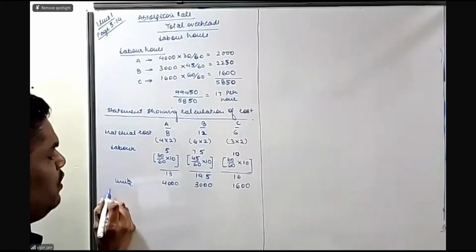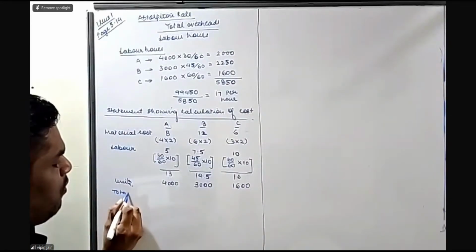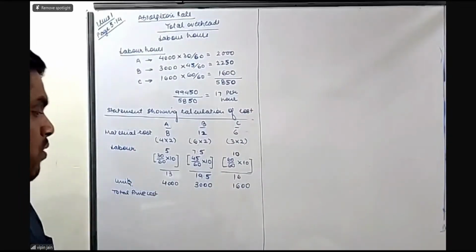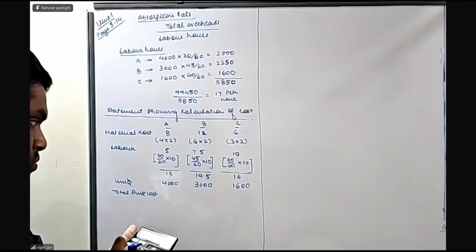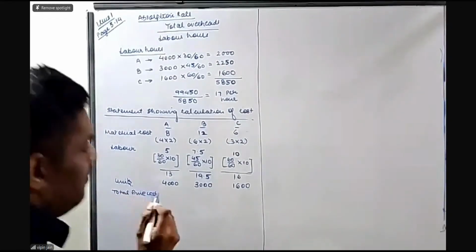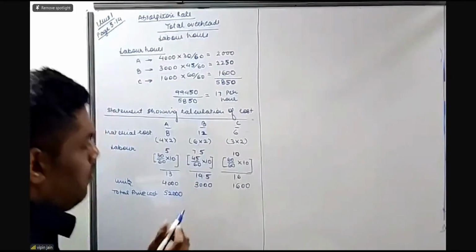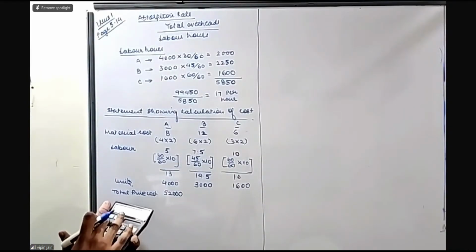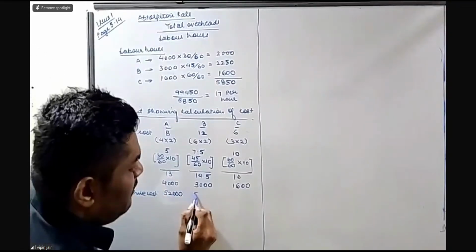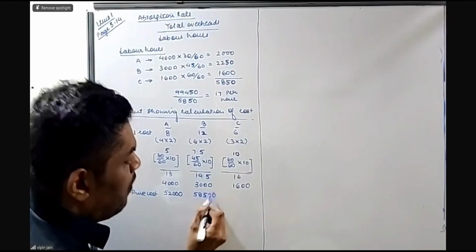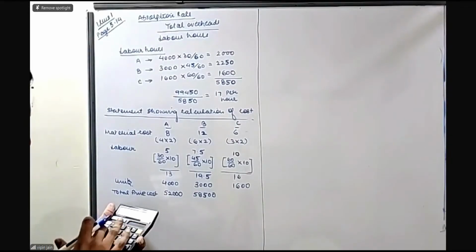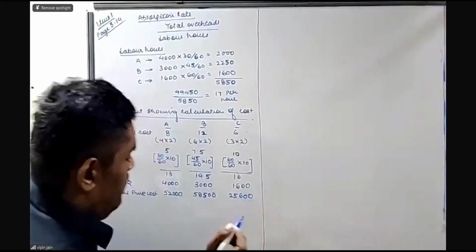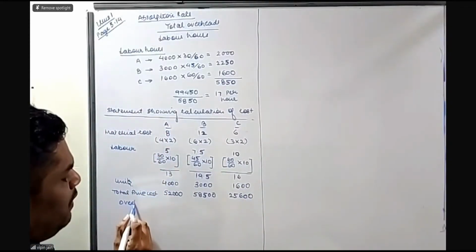We'll get the total prime cost: $52,000, 58,500, and 25,600. In this we need to add the overheads also.